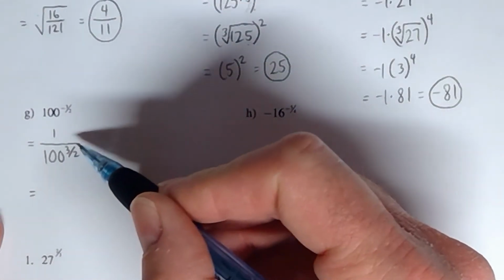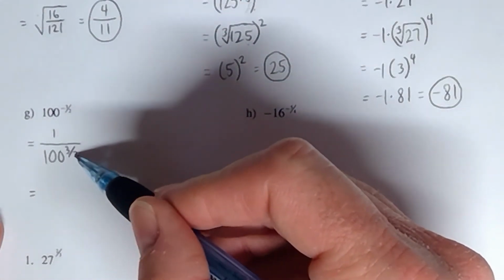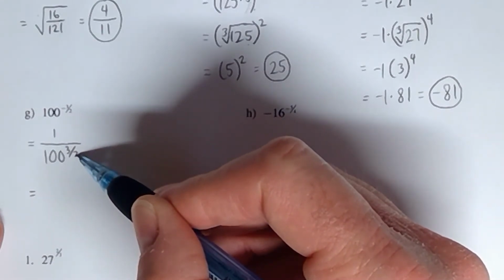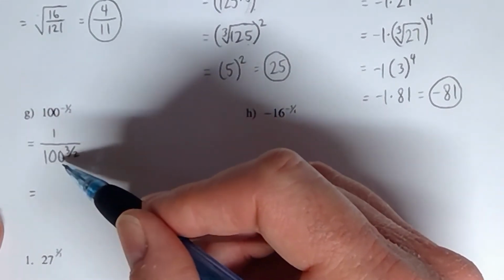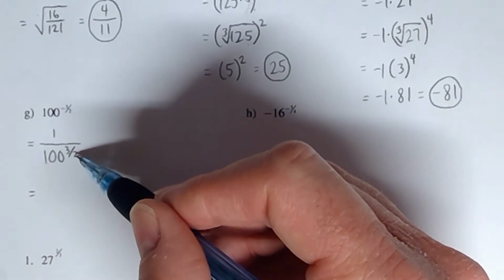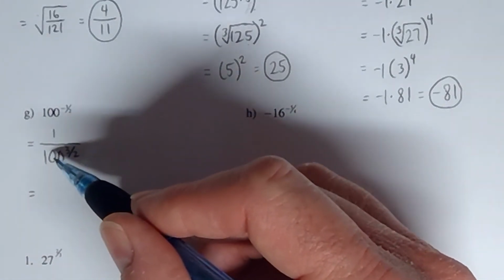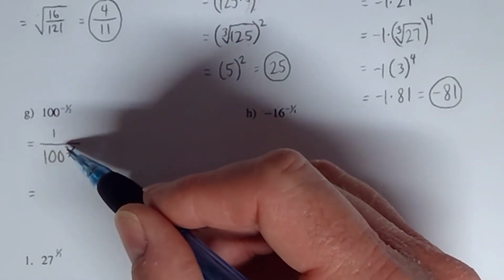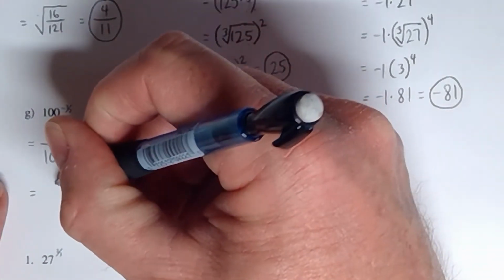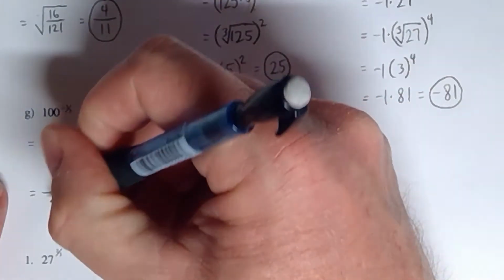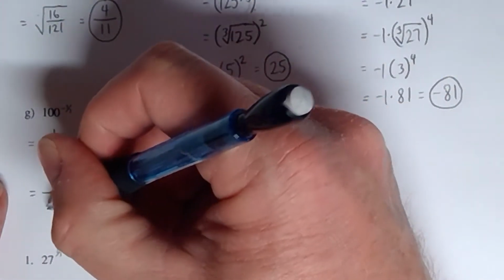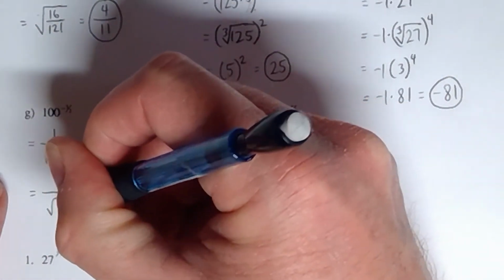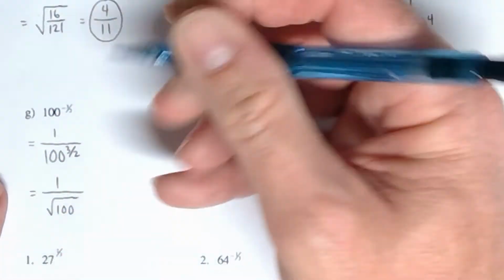Now, remember, the 3/2 is the exponent for what here? It is not the exponent for 1 over 100. It is just in the denominator, so it's just 100, not 1 over 100, but just 100 only that's taken to the 3/2 power. And so therefore, the 100 goes inside the radical, because that's the thing taken to the fraction power.